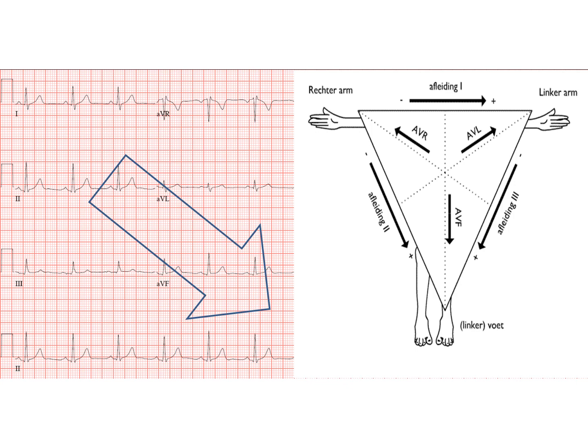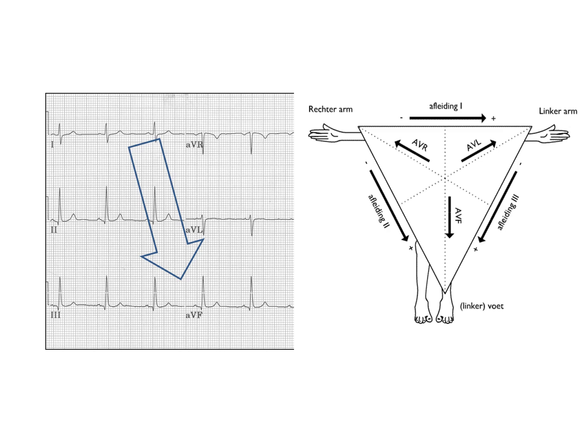And then we will use leads AVF and 3 to fine-tune our orientation and figure out exactly where the electricity is going. If we draw an arrow where the electricity is going in this particular case, you will see a diagonal line going down at about 45 degrees, just in the direction of lead 2.